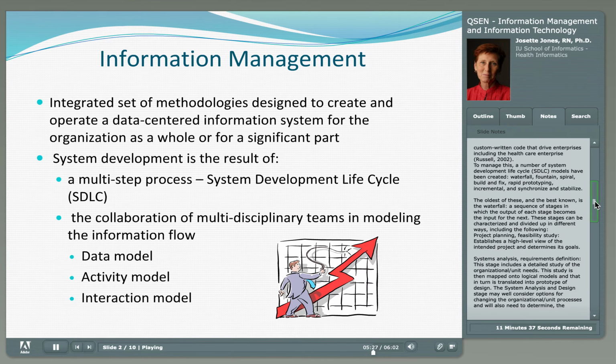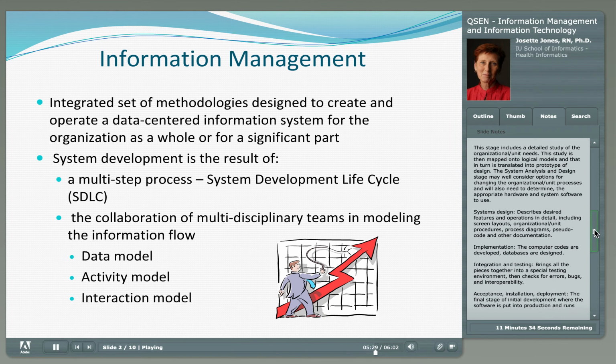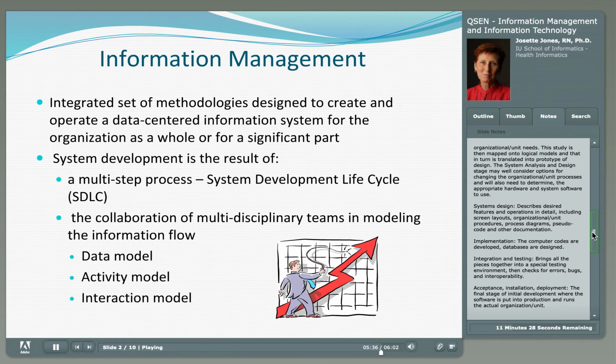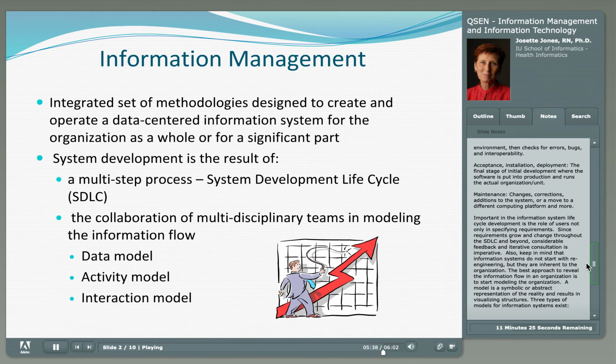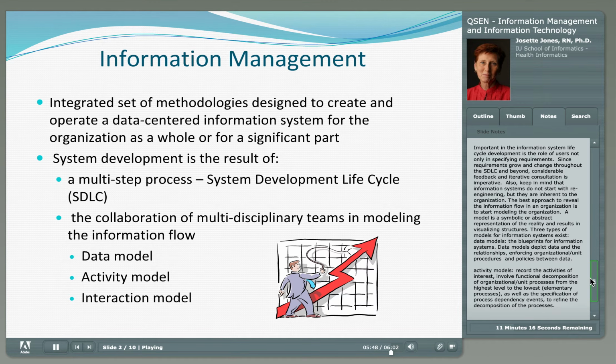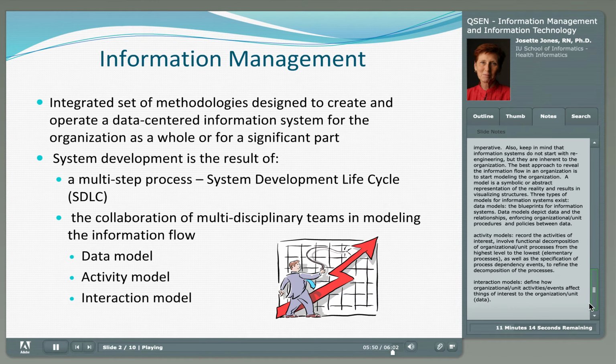Activity models record the activities of interest, involve functional decomposition of the organizational processes from the highest level to the lowest, or the top-down model, as well as the specification of the process dependency events to refine the decomposition of the processes at each level. The last models are the interaction models. They define how the organizational activities or events affect things of interest to the unit's data flow.